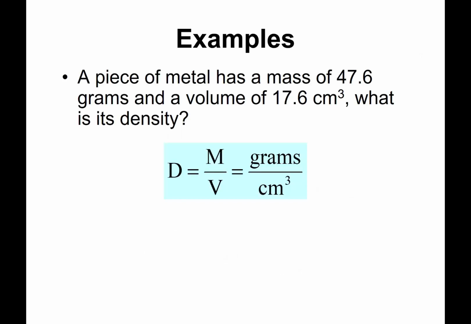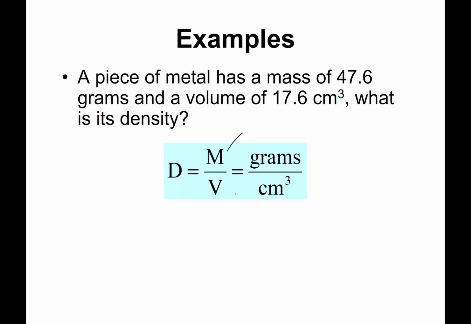Okay, so let's just practice a couple. A piece of metal has a mass of 47.6 grams and a volume of 17.6 cubic centimeters. What is the density? You just plug that in.